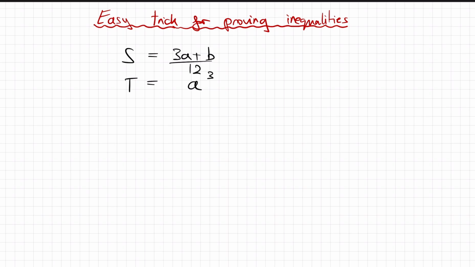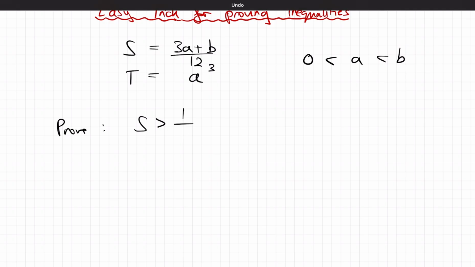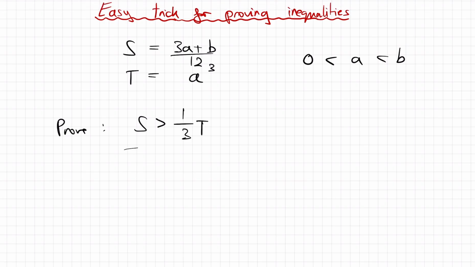And these are the bounds on a and b: a is between 0 and b, both are positive numbers, and b is bigger than a. We want to prove that s is greater than 1/3 t. So how could we do this?